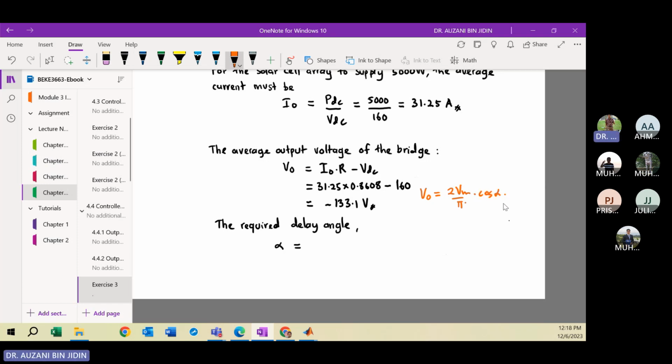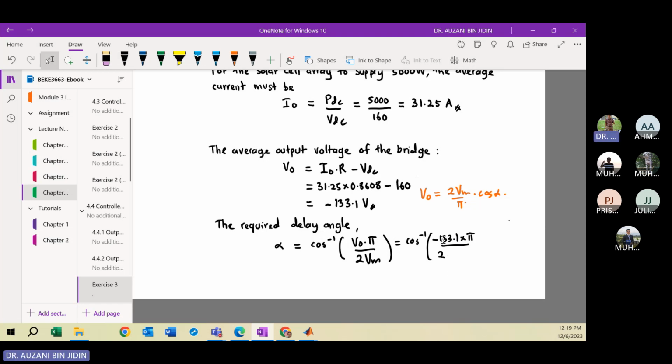So you rearrange this equation to solve for alpha, where alpha is cos inverse of VO pi over 2Vm, or cos inverse of minus 133.1 times pi over 2Vm.